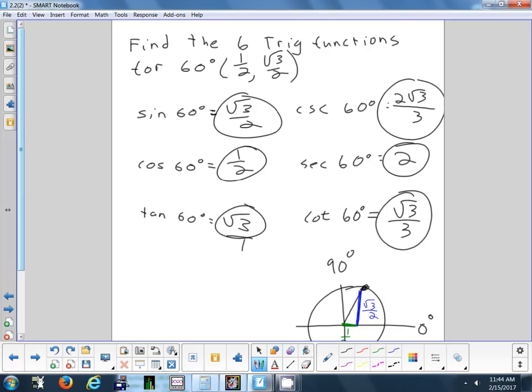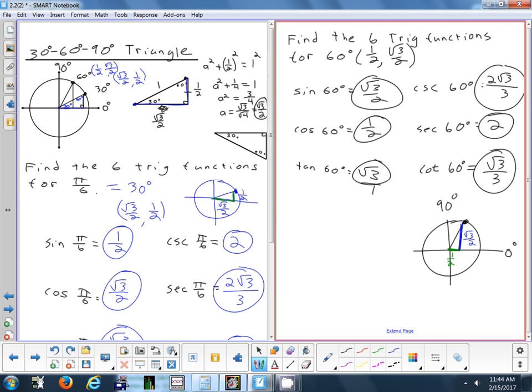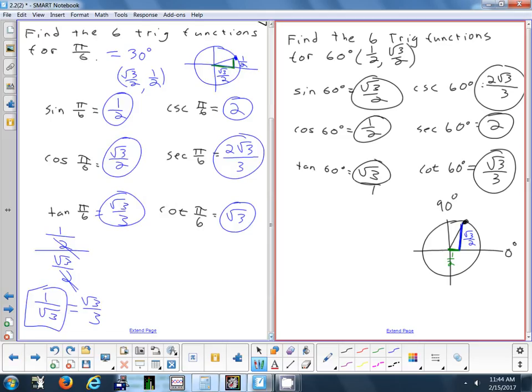Okay, so I asked you if you noticed any patterns between the last problem and this one. Which kind of things switched around a little bit? Can anybody give me 2 trig functions that the answers switched places? Like the something and the something switched? The tangent and the cotangent switch.